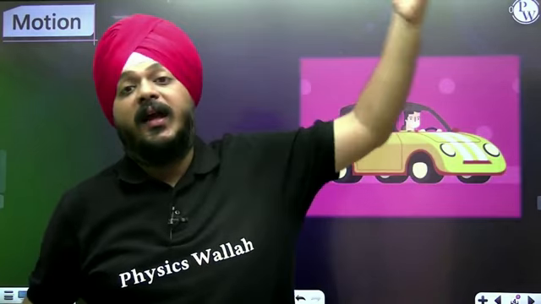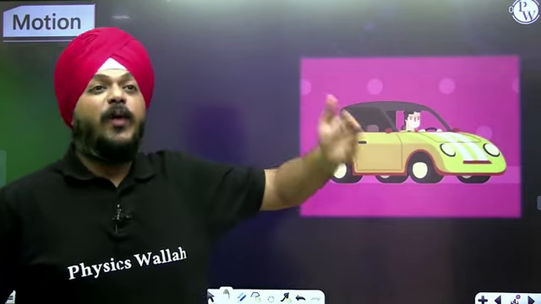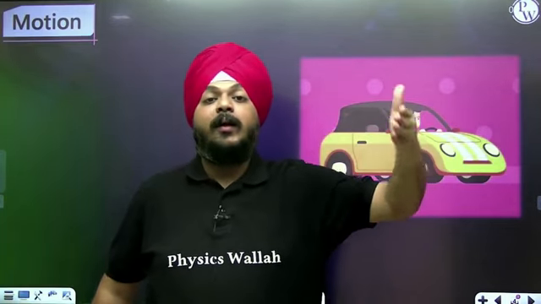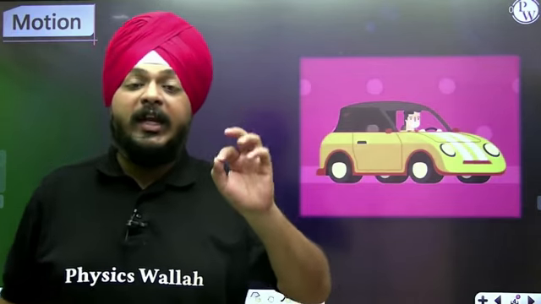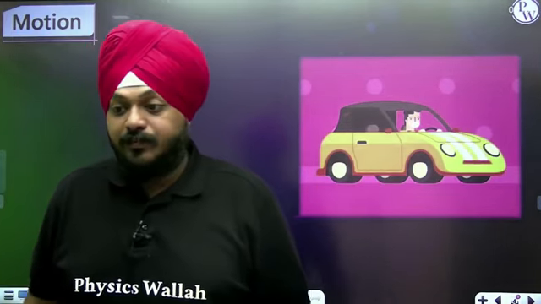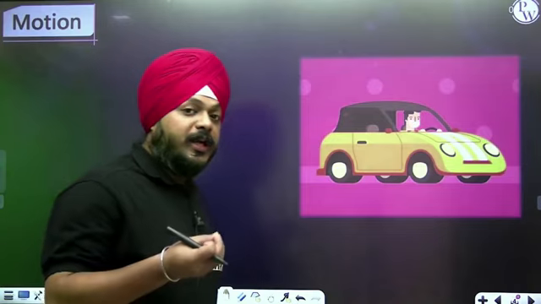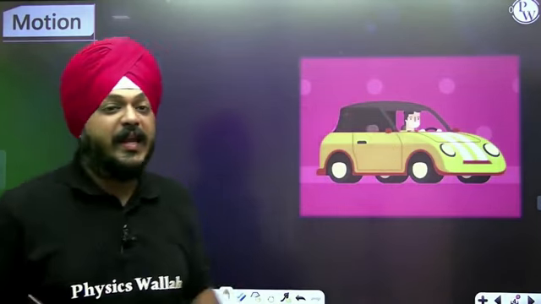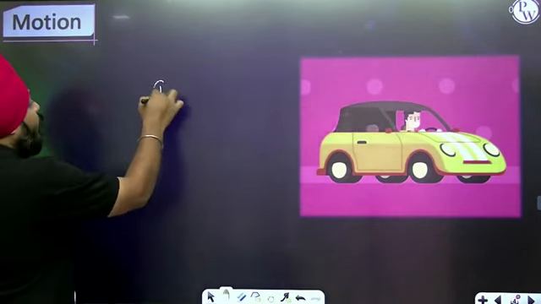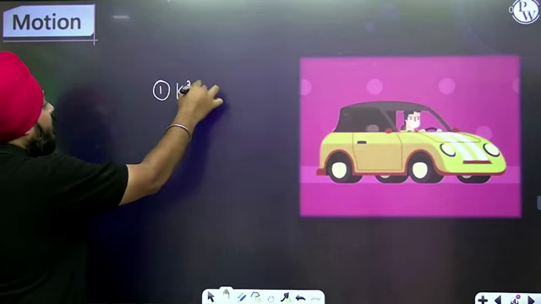From now onwards till gravitation, like 1D, 2D, NLM, work energy and power, and slowly we'll move on to rotation and gravitation, we are going to deal with two branches of physics. The one that is kinematics, the second one that is dynamics.